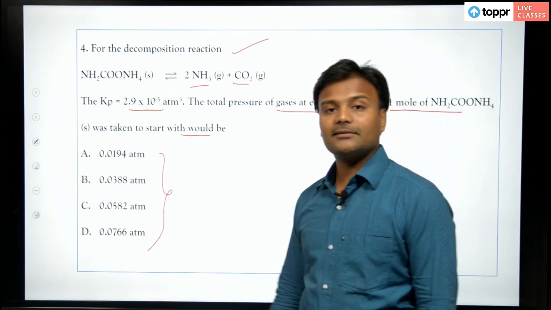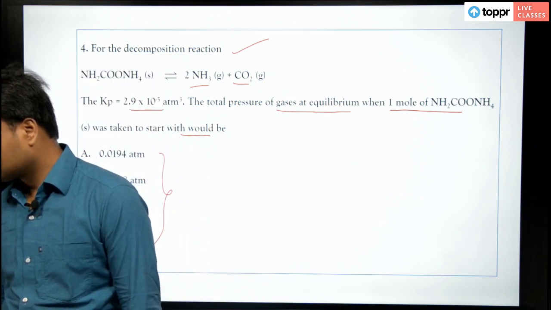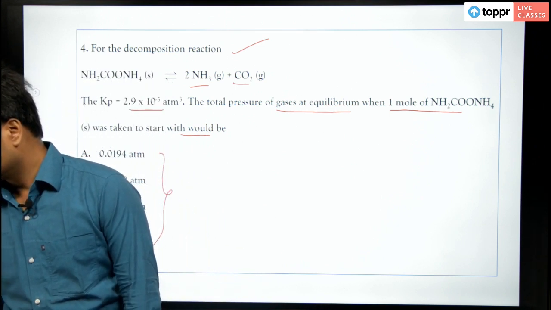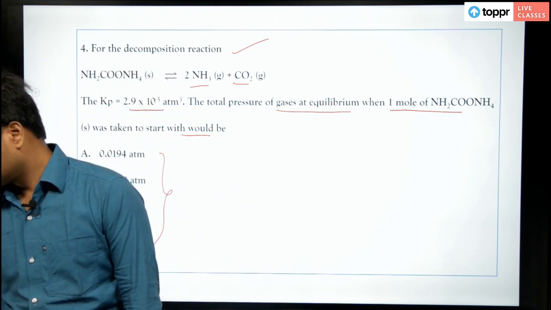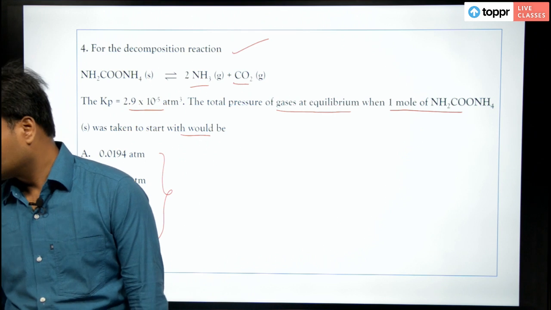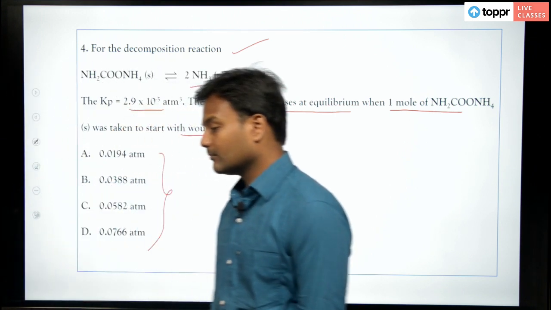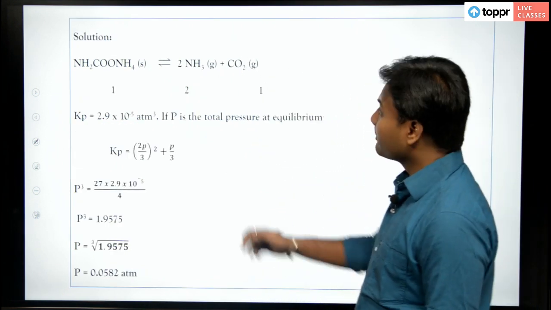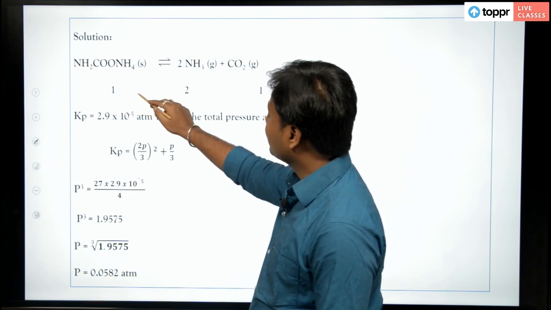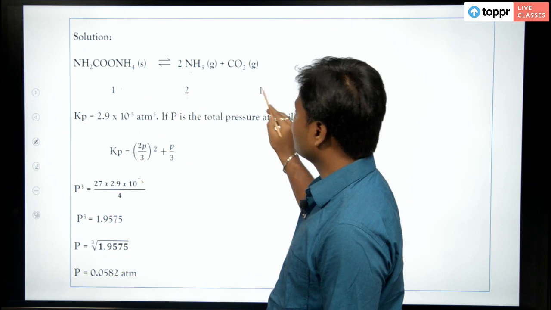How do you start with? Just try. Look at this, ammonium acetate, where you have 1 equivalent, this is 2 equivalents and this is 1.